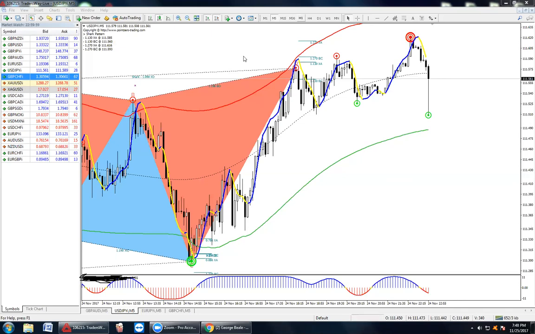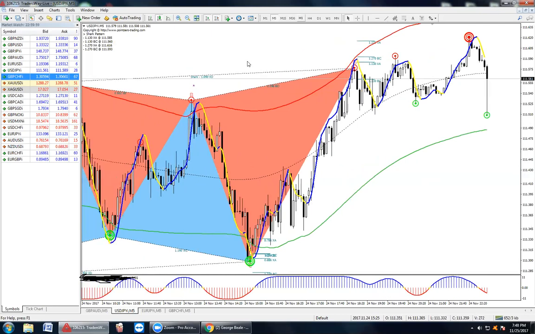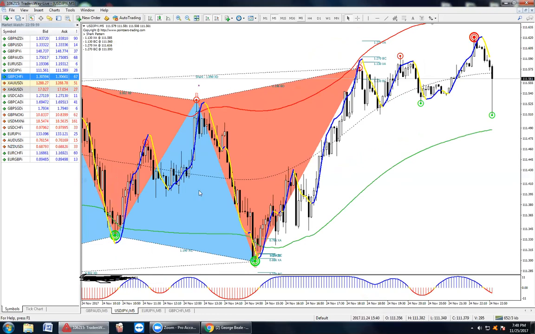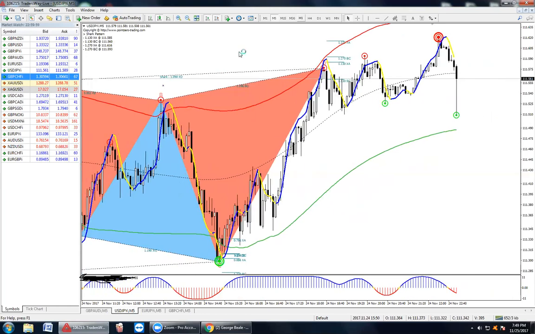Now, with this template, we utilize a harmonic trading indicator, which is these pink and light blue patterns that you see here. We utilize these as one of our main signals. The other main signal is this blue and yellow line for a buying and selling indicator.